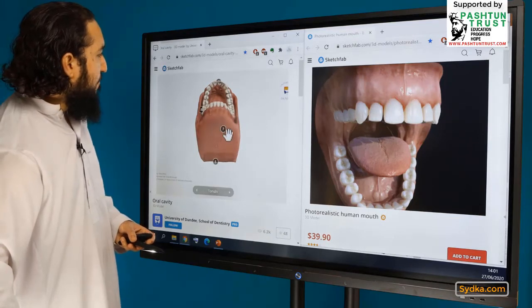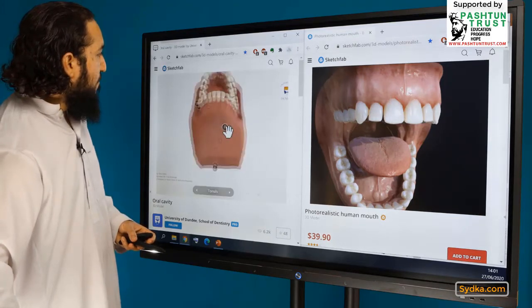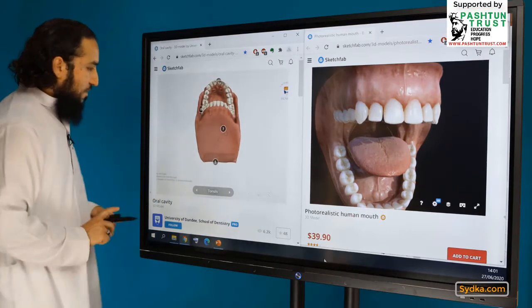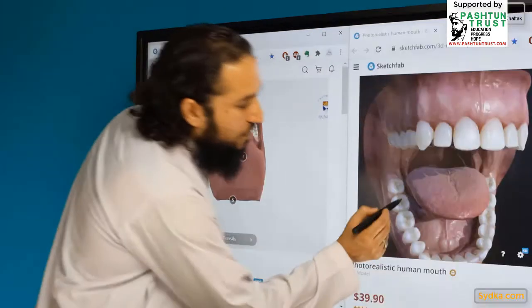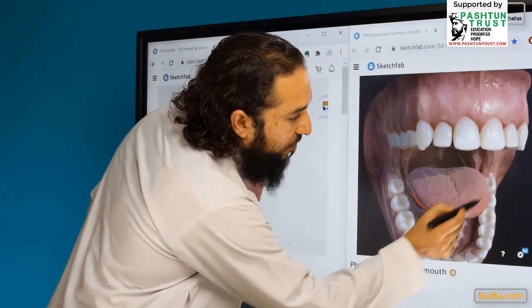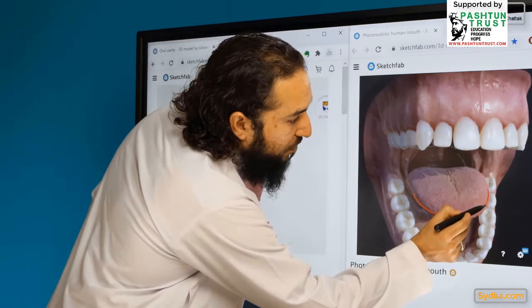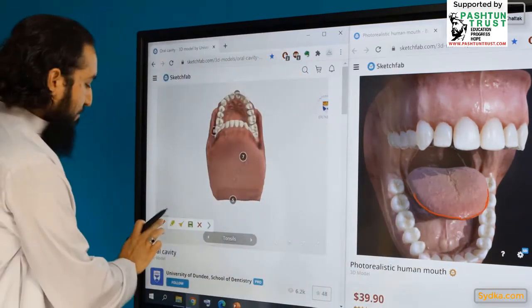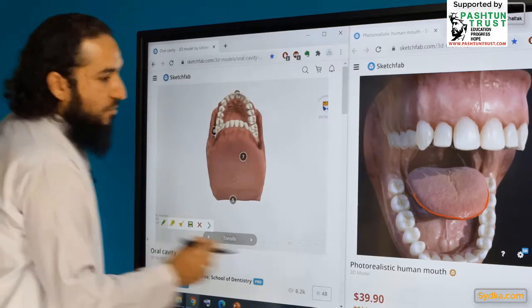So from the nearest part of the tongue, this is where it goes to the top, to the tip of the tongue. Similar here. It's another color, it's probably better.